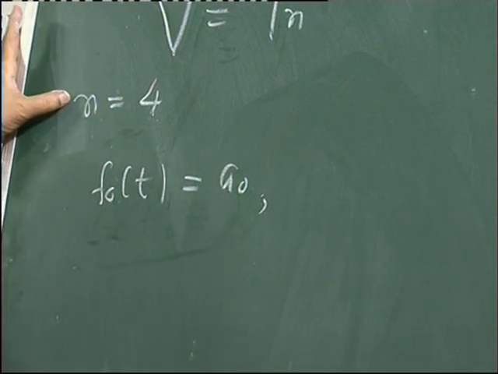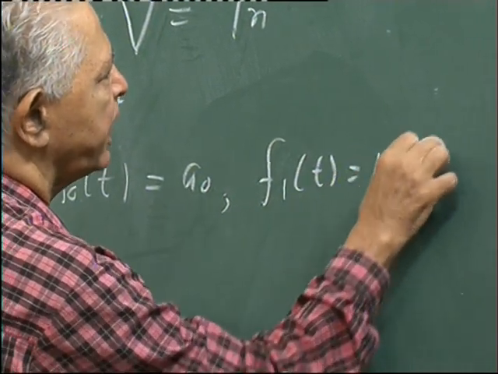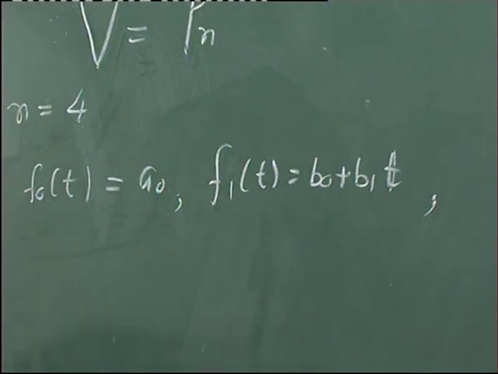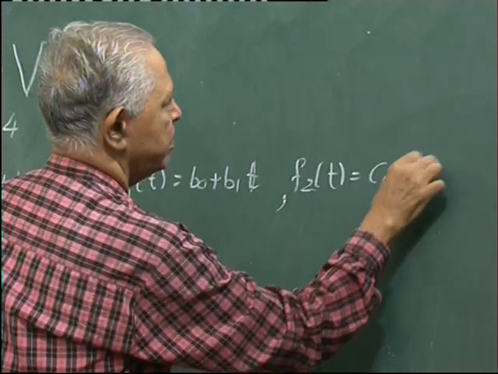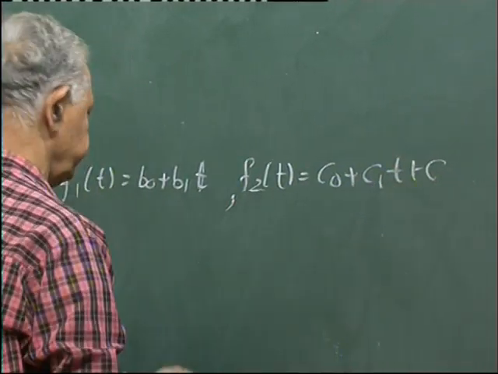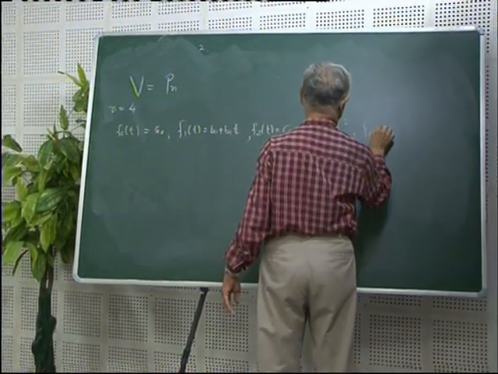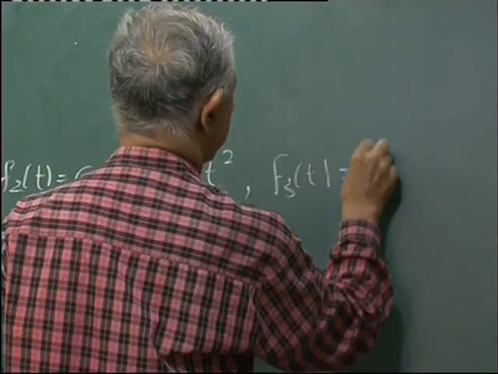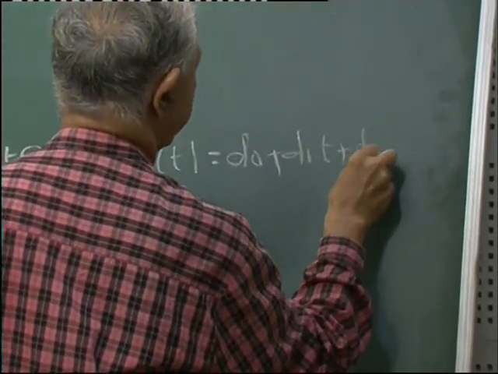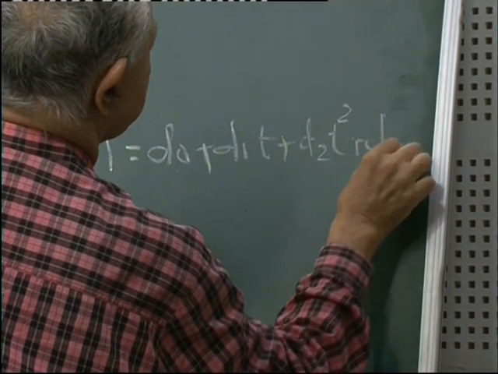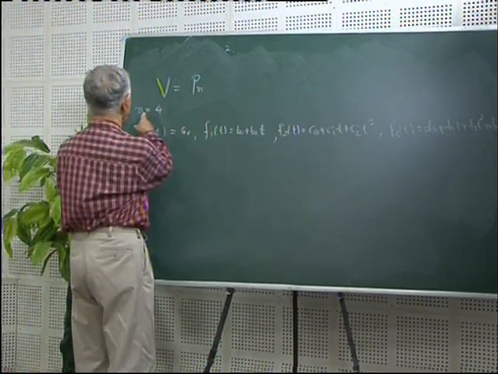Degree of f1 is 1, and so f1(t) equal to b0 plus b1 t. f2(t) is equal to similarly c0 plus c1 t plus c2 t square. f3(t) is equal to d0 plus d1 t plus d2 t square plus d3 t cube, and we have taken n equal to 4.